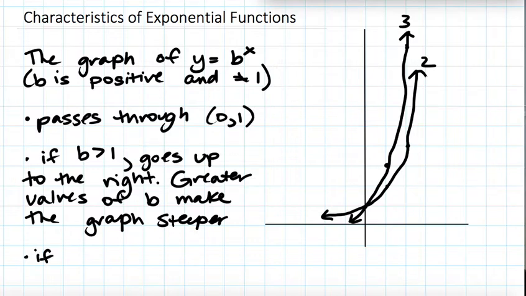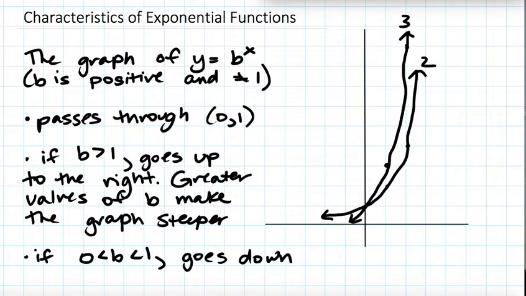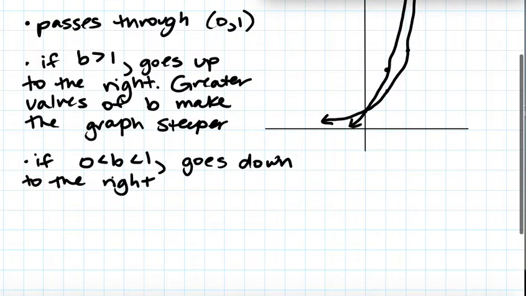If b is between 0 and 1, then as we saw in example 3 and checkpoint 3, the graph is going to go down to the right. And smaller values of b will make the graph steeper.